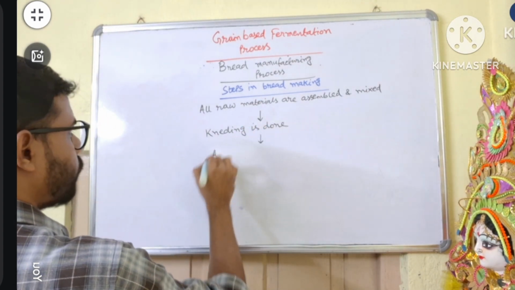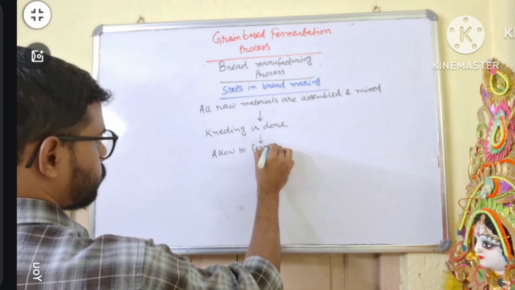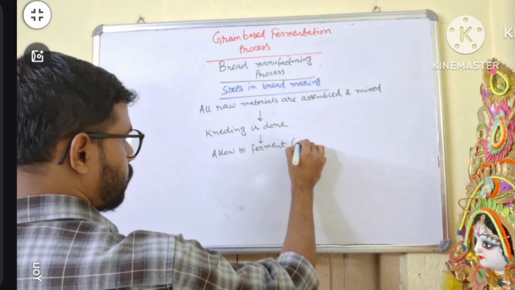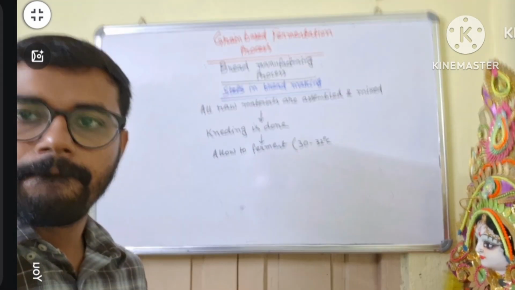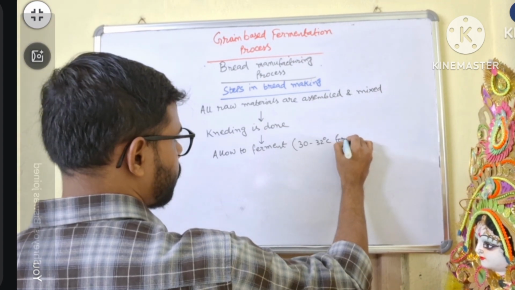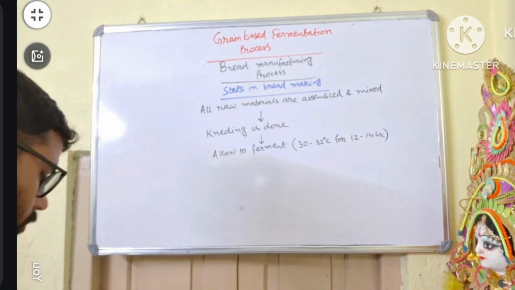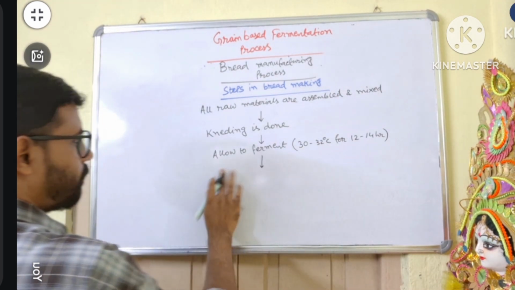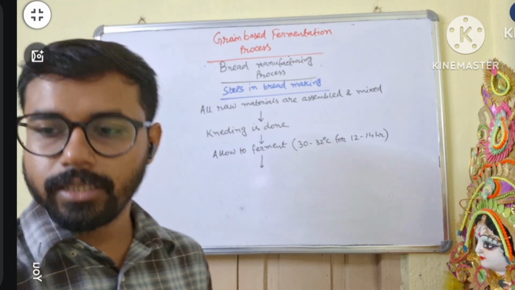Next, allow to ferment, at a temperature of 30 to 32 degrees centigrade for 12 to 14 hours. Almost overnight. Overnight fermentation done. After the fermentation, obviously the rising occurred, leavening occurred, and the volume increased.